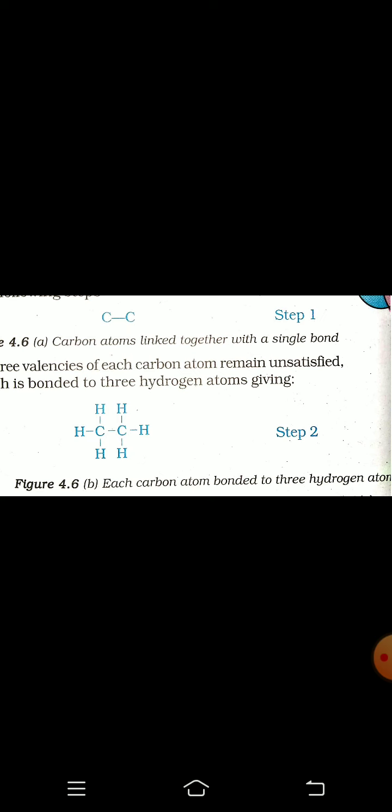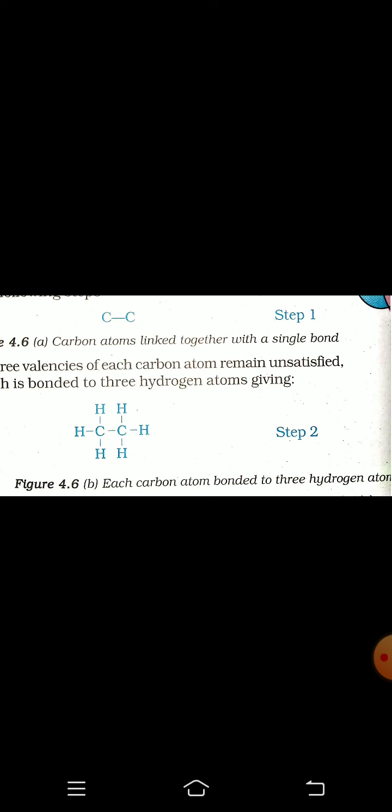Now look at step 2. How to place hydrogen? Hydrogen will be placed around the C by single bond. Very much easy. Now here you need to remember that the first carbon and the last carbon of the compound will have 3 hydrogen attached with it as shown in the figure.